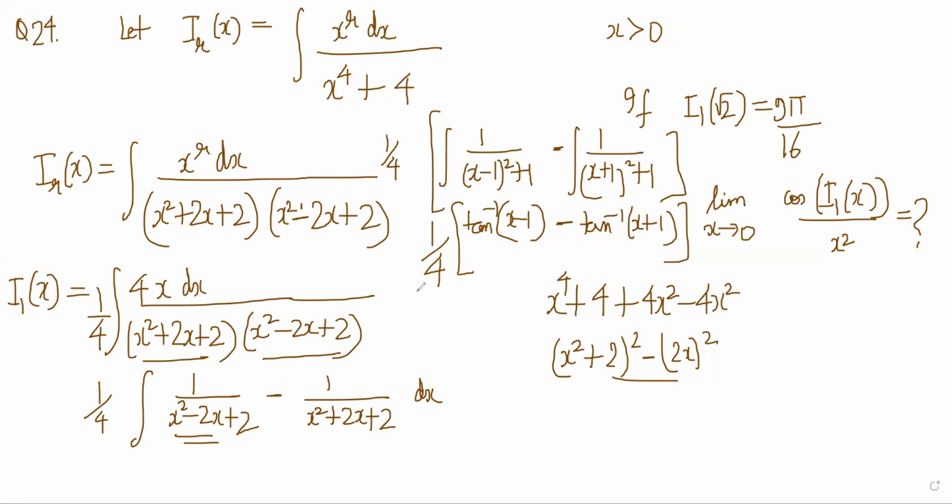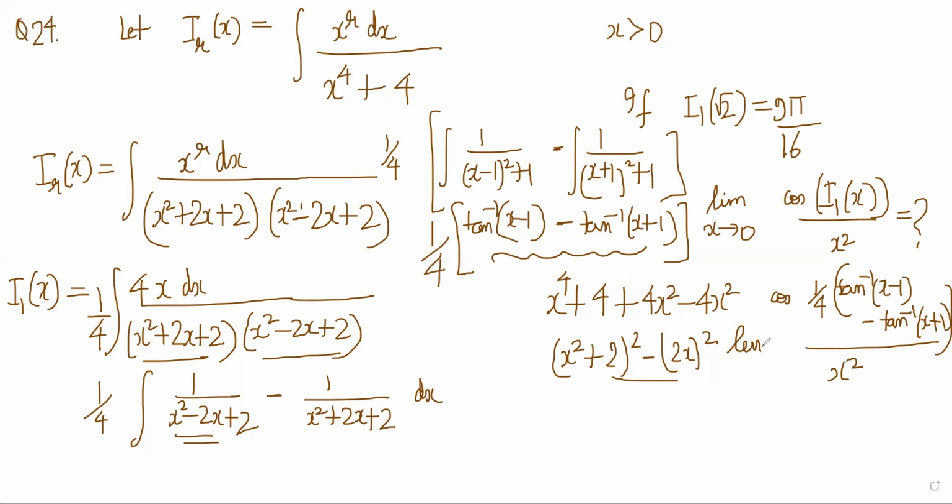Once we have that I1x, I want to find the limit of this with respect to x square. So cos of 1 by 4 of tan inverse x minus 1 minus tan inverse x plus 1, divided by x square, limit x tends to 0, right?